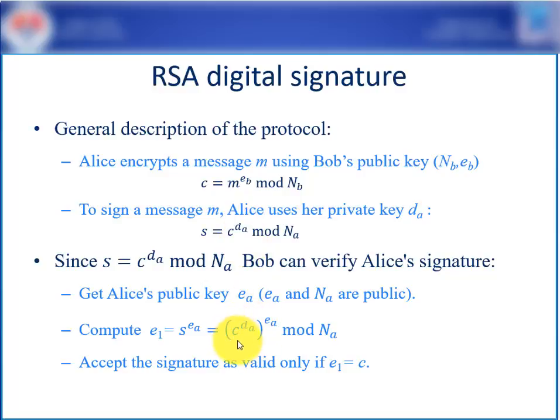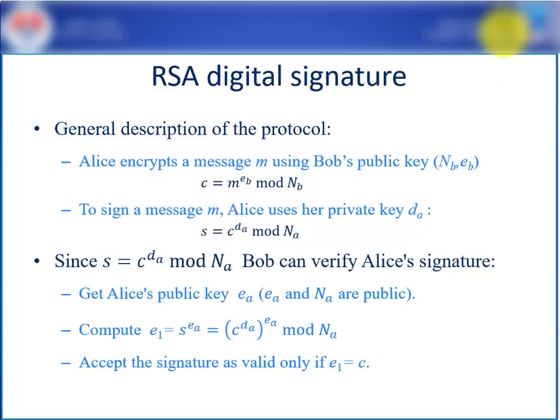So if we substitute this value of S by C to power D, then we should obtain the ciphertext again, and Bob accepts the signature as valid if the result of this calculation, which is denoted by E1, is equal to the ciphertext which was sent along with the signature.